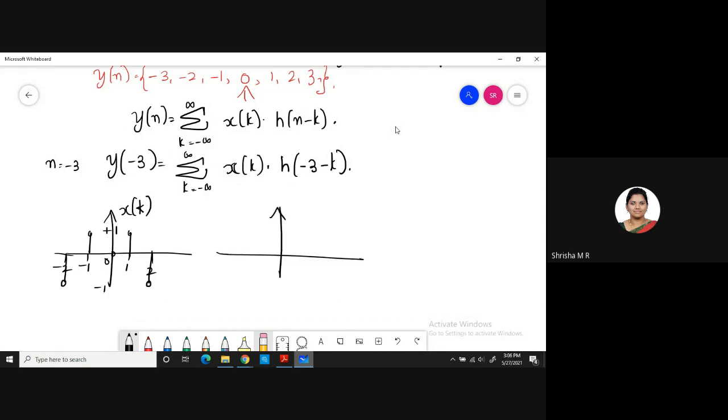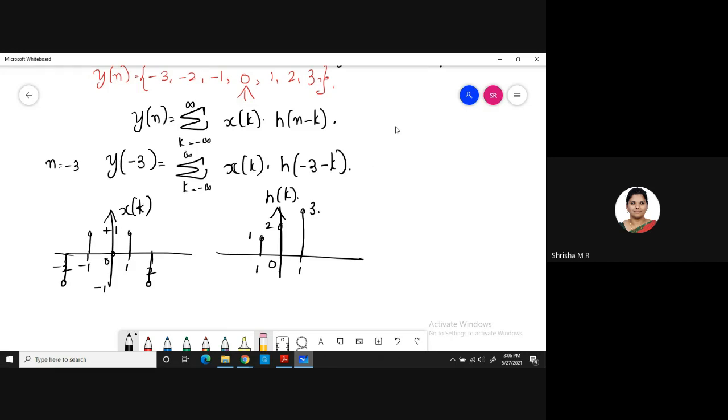H of n is given, or h of k you can take. Okay, h of k is, at 0 the value of h of k is 2. At -1 it is 1, and at 1 it is 3.